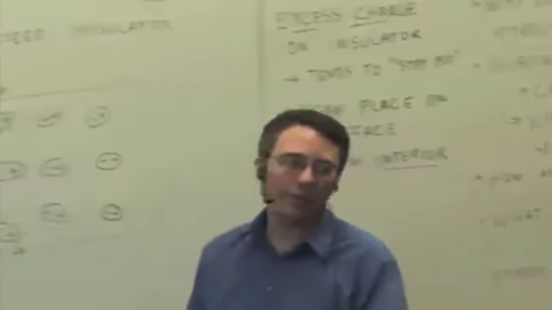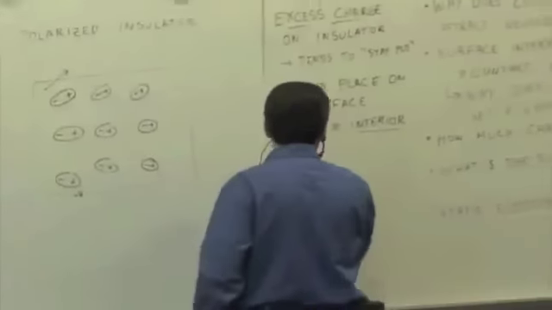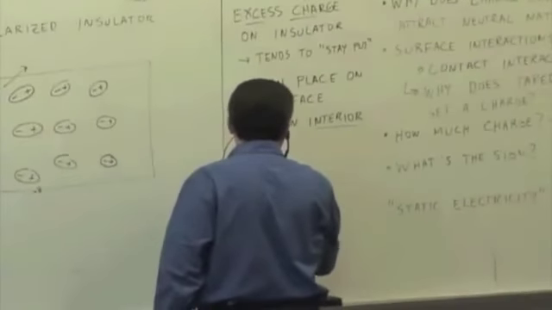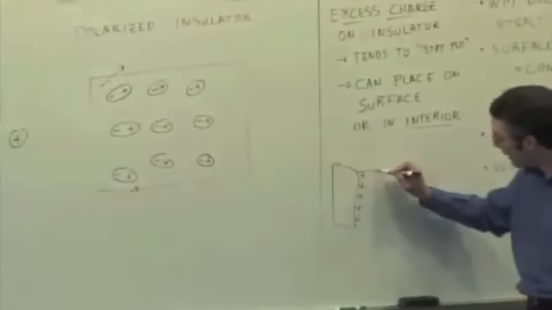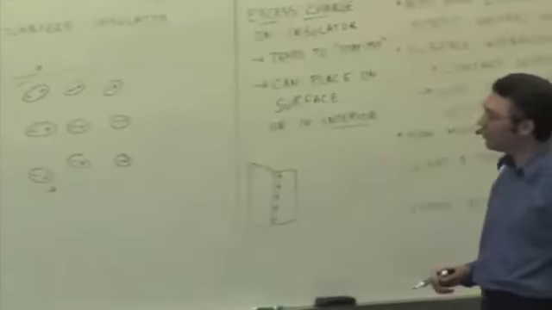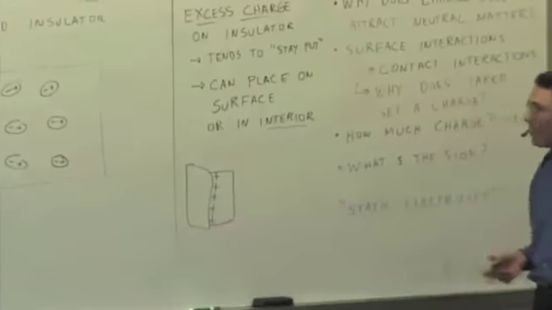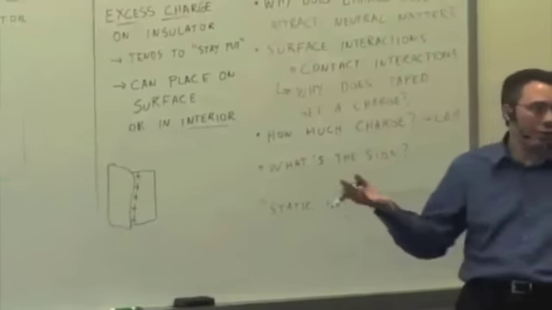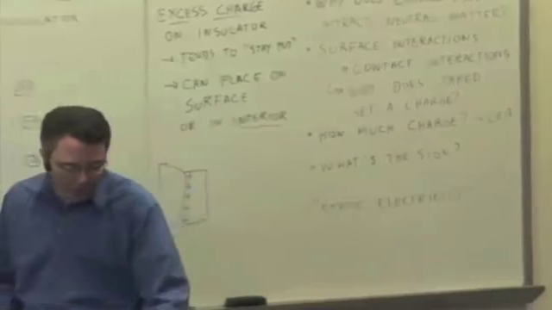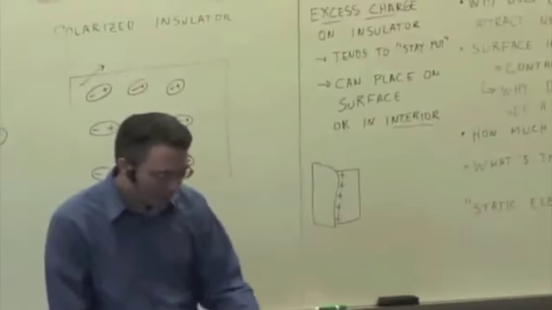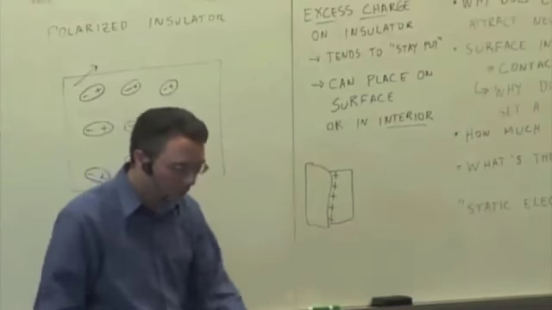But one way I could do it, for example, is if I had one surface of an insulator that I charged up, and I just glue it to another insulator, okay, just stick them together with some glue, and now I've got some excess charge in the interior, and it will just happily stay there because there are no mobile charges for it to move around, okay? So charge in the interior is okay, charge on the surface is okay, and it just stays put where you place it.